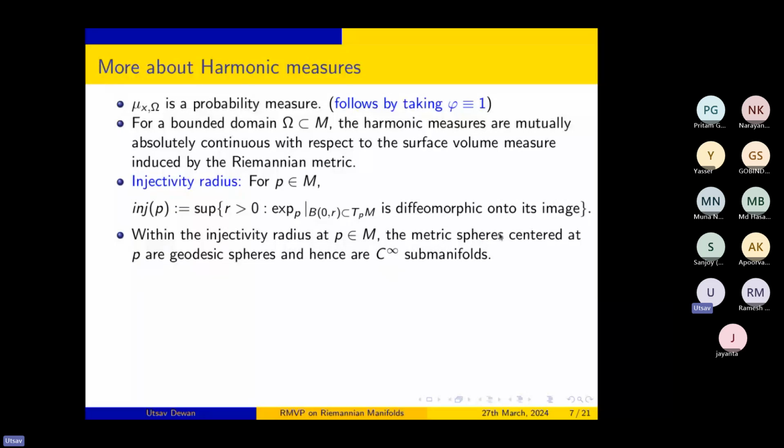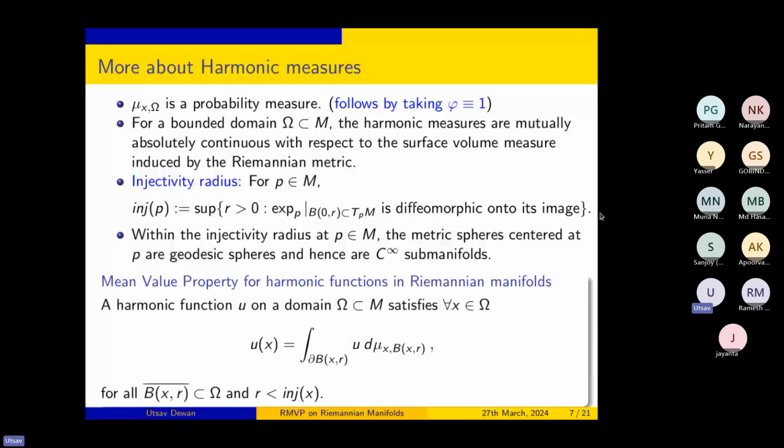So one actually has that the Dirichlet problem is solvable, and also there are harmonic measures. And this leads us to the formulation of the mean value property for harmonic functions in Riemannian manifolds. A harmonic function u on a domain Ω in M satisfies, for all x in Ω, this spherical mean value property.